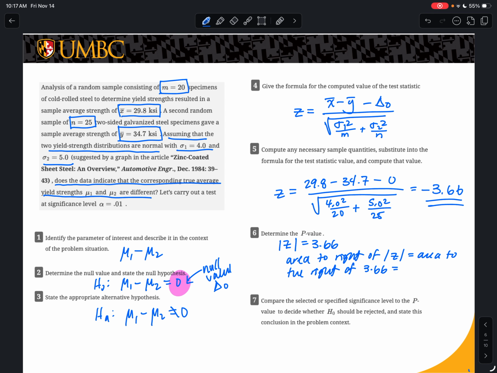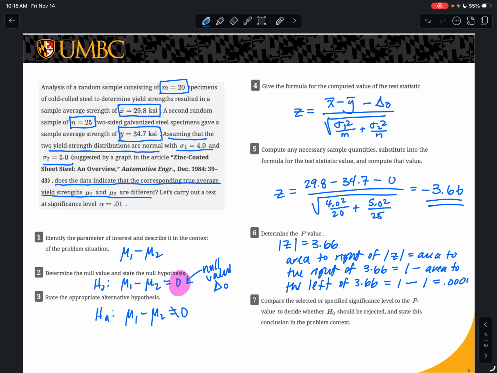So this is 1 minus the area to the left of 3.66, which is 1 minus whatever I look up in the table for 3.66. So if you go to the standard normal table and 3.66 isn't even on there, I think the table only goes up through 3.5. And at that point, you're getting values very, very close to 1. So basically, you're doing 1 minus 1, which is 0.